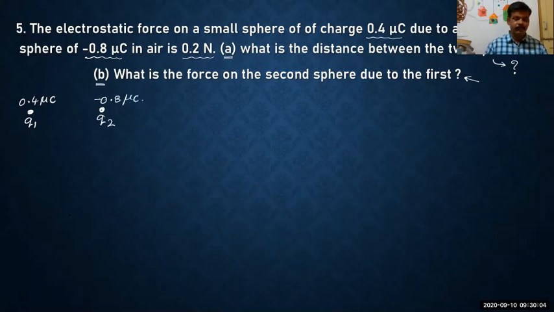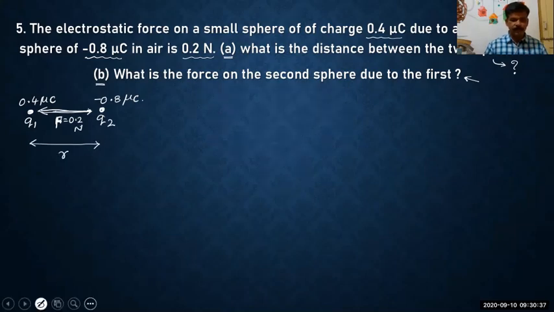Then there is a force between them, and that force is force on charge Q1 due to the charge Q2. That force is 0.2 Newton. And we have to find what is the distance of separation, that is R. I hope it is clear.